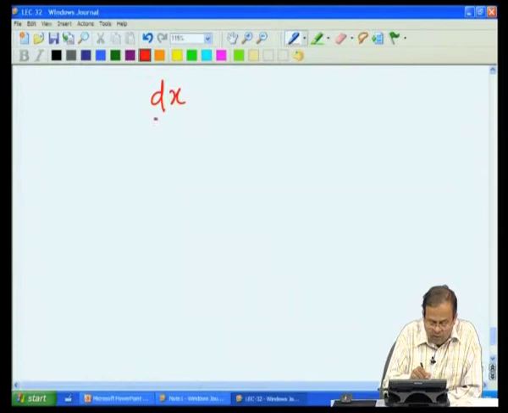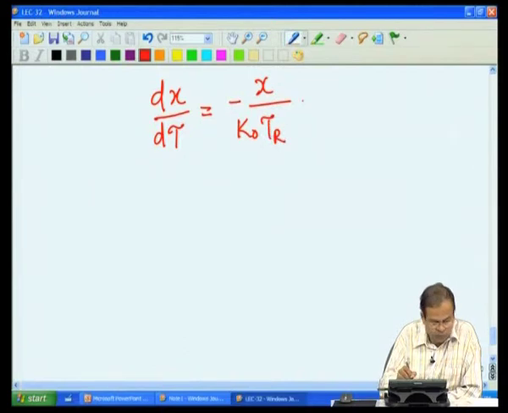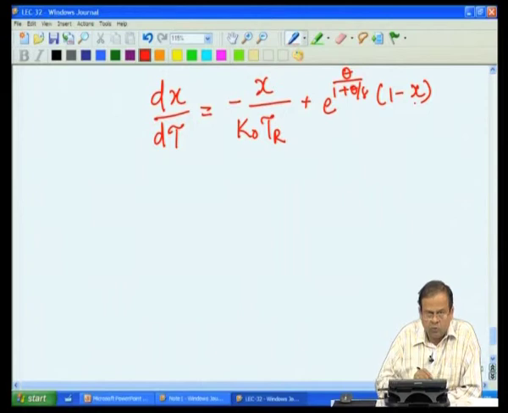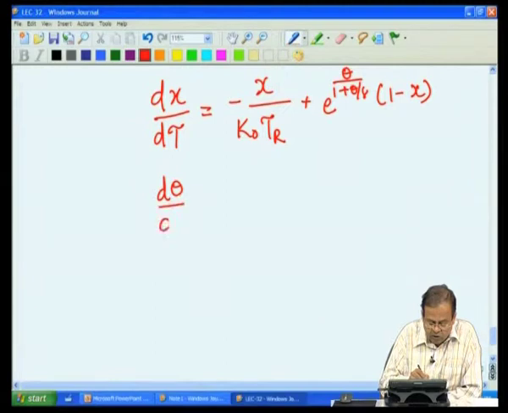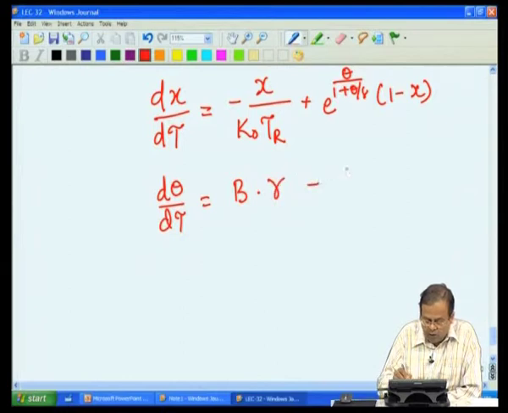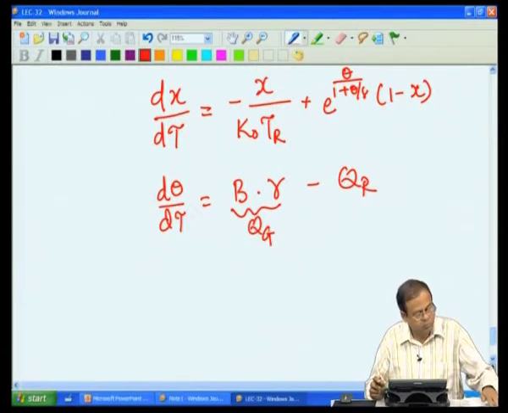So, we had our dimensionless mass balance in terms of dimensionless concentration as one minus x, and we had our dimensionless temperature as B into R minus Q R, and we call this B into R term as Q G. Okay.